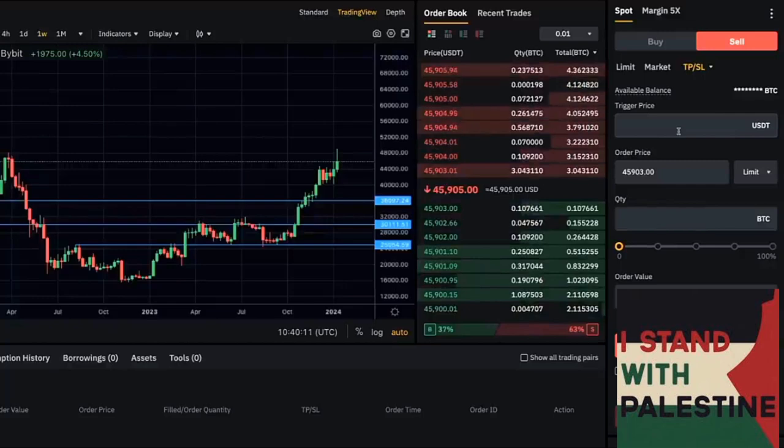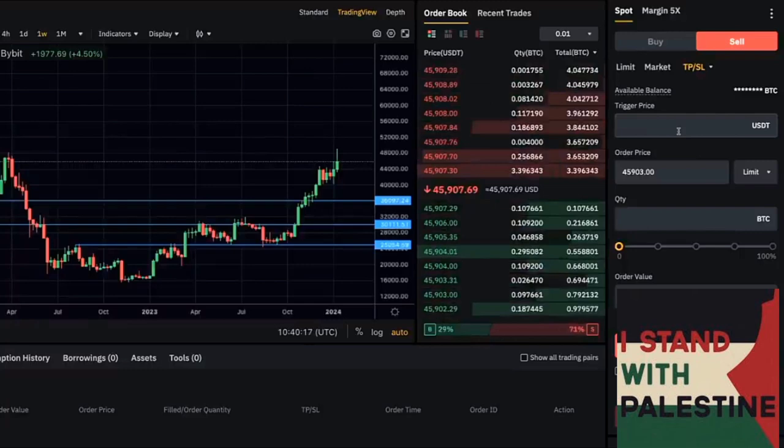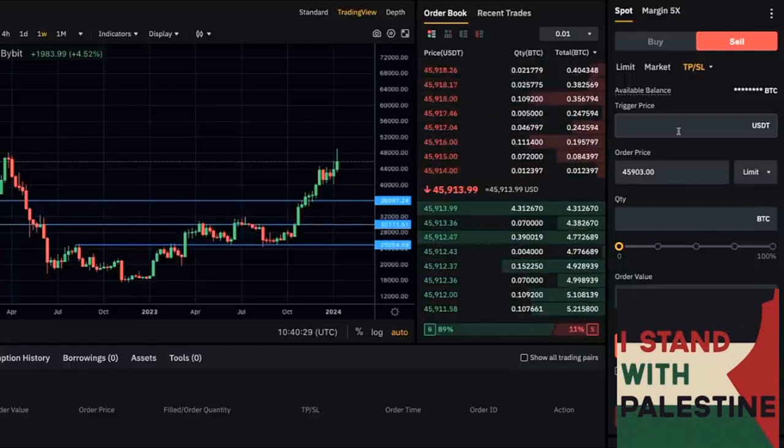So this is usually used with stop losses, which is where you sell your asset at a lower price than it's currently trading because you're selling at a loss to prevent further losses. So if the market's coming down and you're losing money, you can tell the system, I'm happy to lose 10%, but if it gets below that, I actually want to sell out and take a loss at 10% because I don't want to lose 20%.